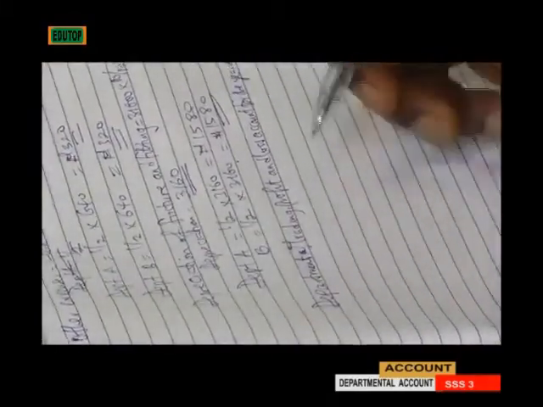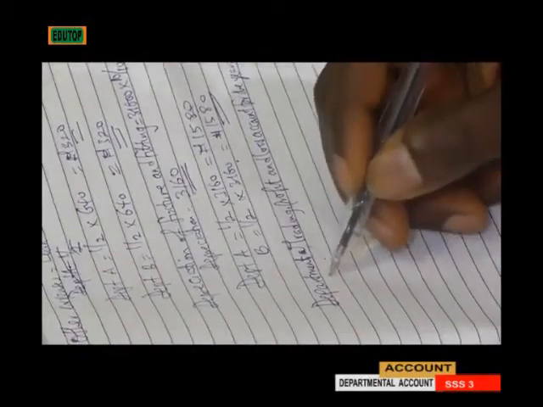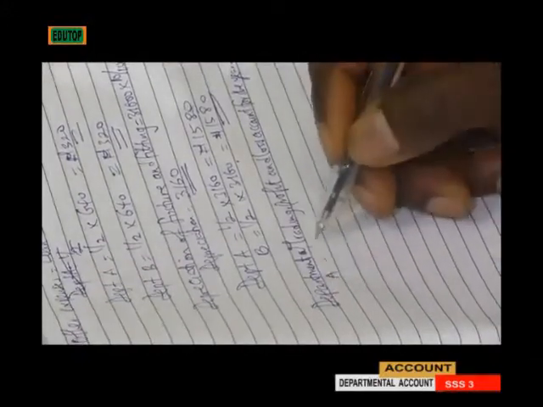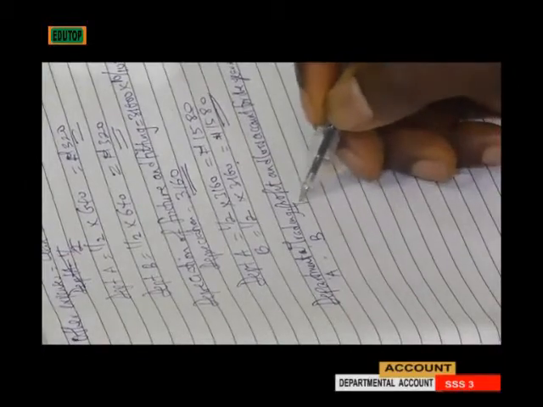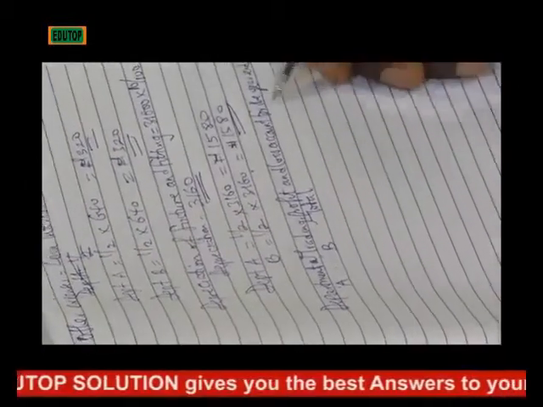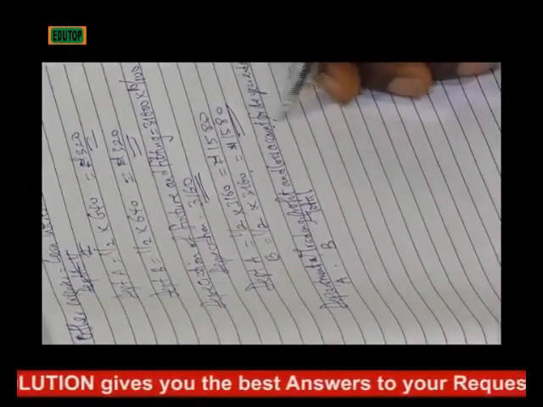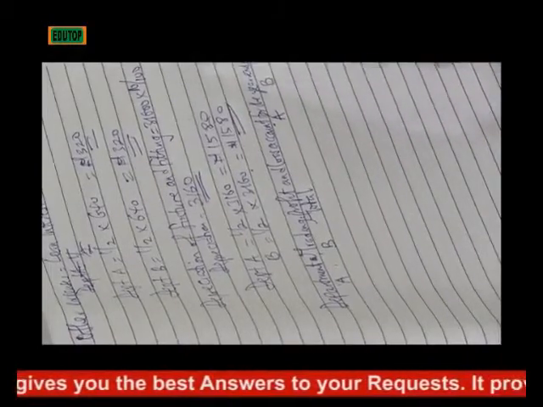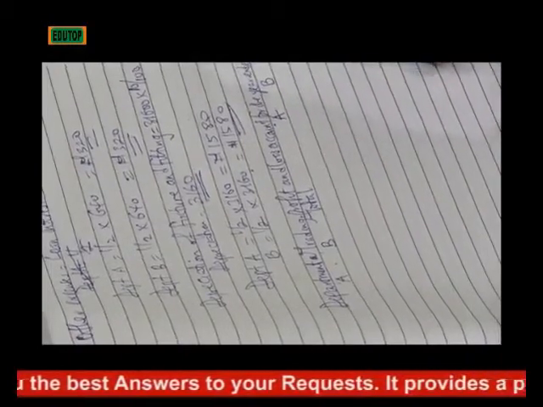So don't forget we have department A and department B. Then we have a total.